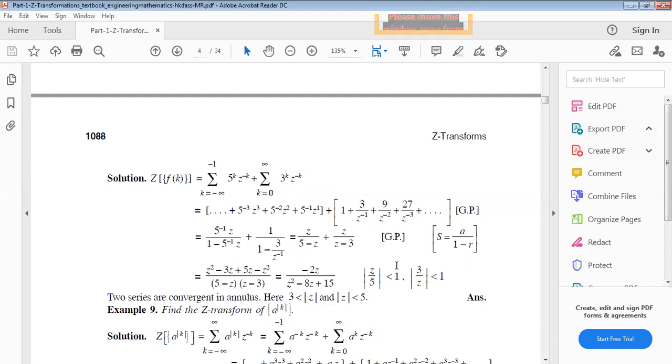Here, taking cross multiplication, 3 is less than the absolute value of z, and the absolute value of z is less than 5. That means this is a circle in complex form: the absolute value of z means a circle whose radius is 3 and center is 0, and another whose radius is 5 and center is 0.